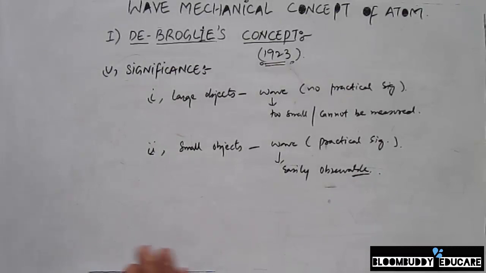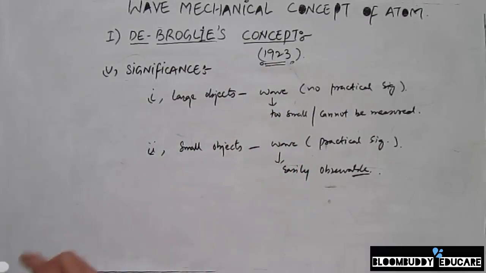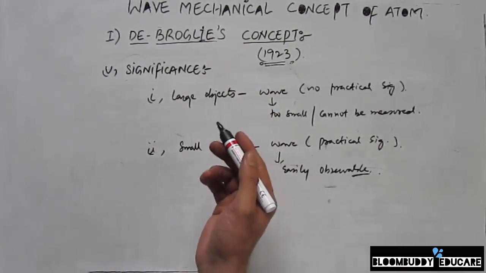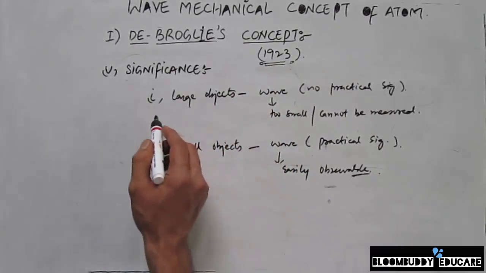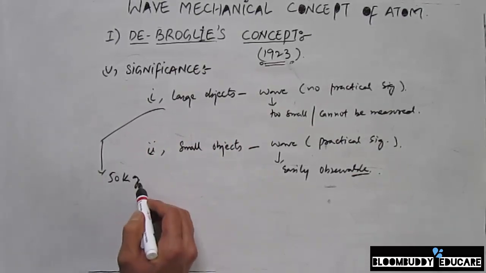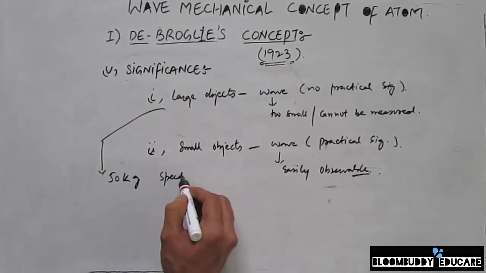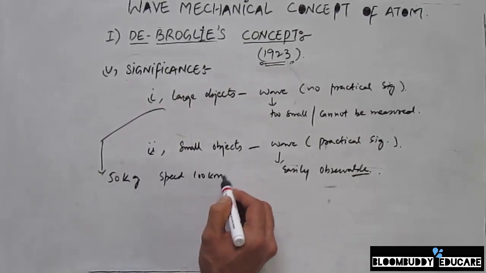So in order to visualize the wavelength associated with macroscopic objects, suppose there is a person who has around 50 kg weight, and the person is moving with a speed of around 100 km per hour.